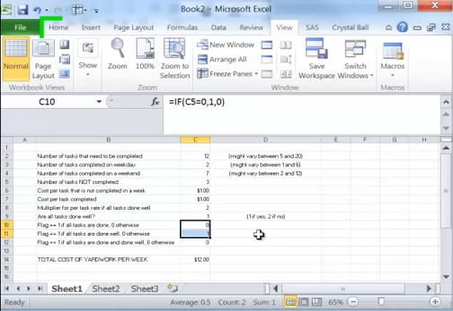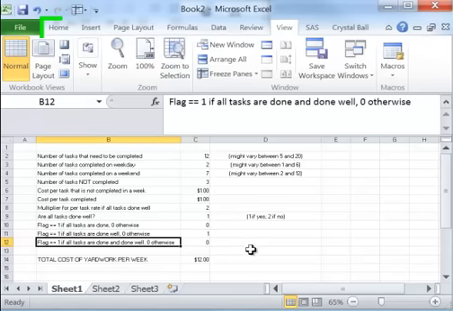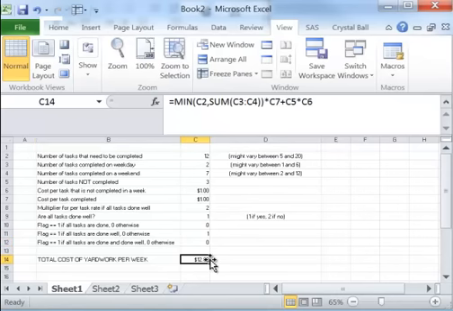And if you multiply them together, that's true. So the only way for this flag to equal 1 is if this equals 1 and this one equals 1. If either of these equal 0 or both of them equal 0, then this is going to be 0. Okay, so now I have a flag, an indicator variable that tells me it's only going to be 1 if all the tasks are done well. So now I can use that in my cost function.